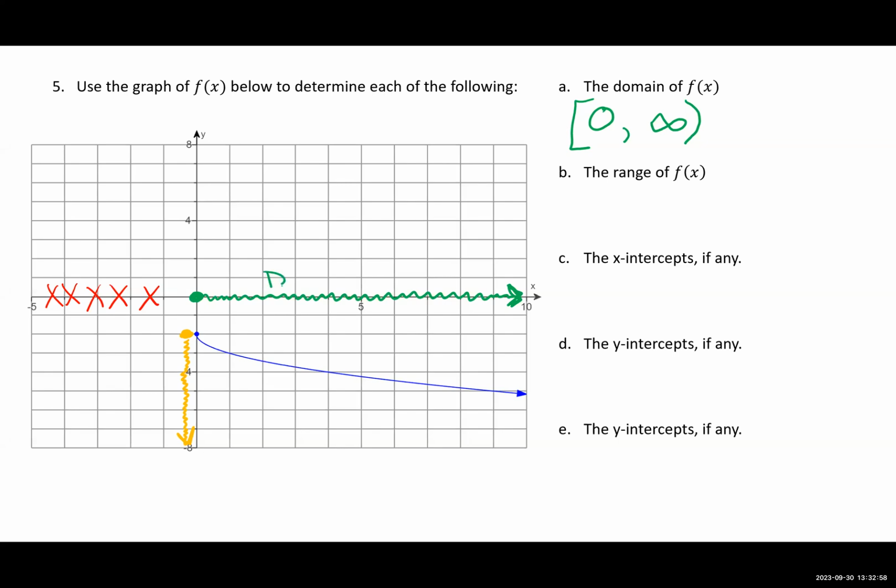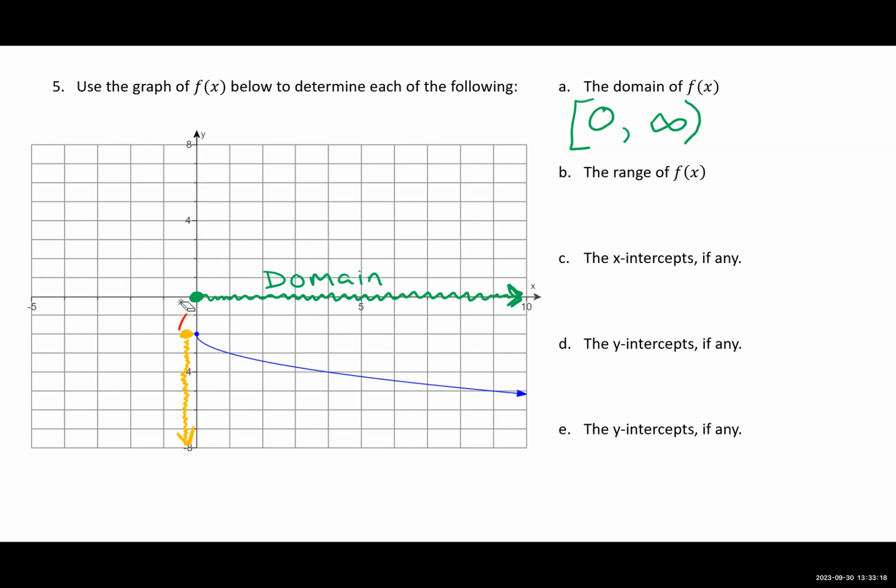So this green part of the x-axis, we say that's the domain. And none of these y values are anywhere on the graph until we get down to -2. So they're not part of the range.